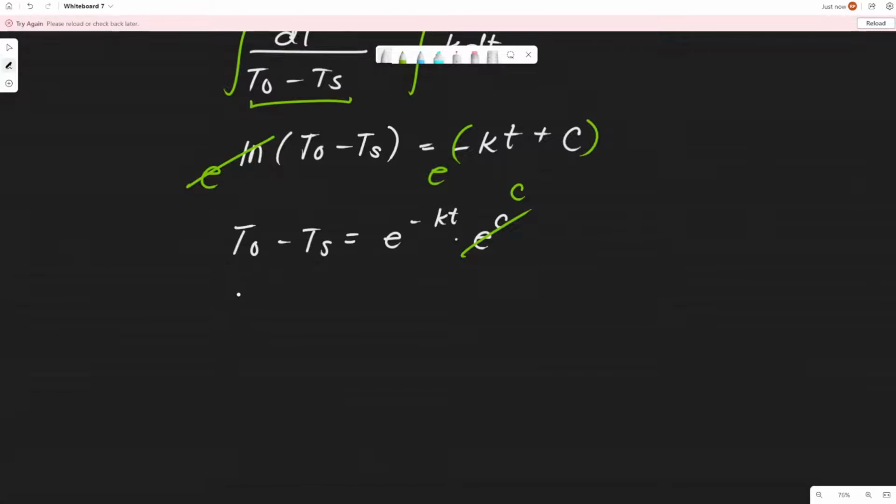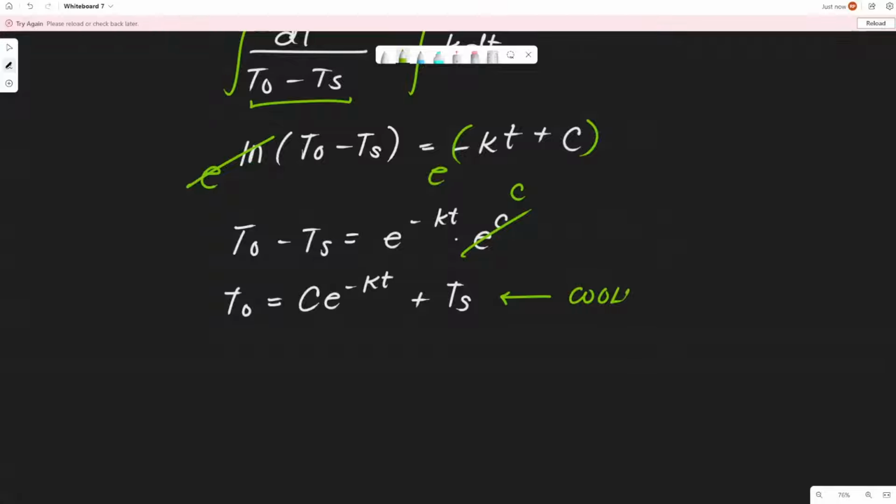So we have T sub O equals, transposing T sub S to the other side, C e raised to negative kt plus T sub S. This is the working formula when the object is being cooled, meaning T sub S is less than T sub O. That is simply cooling, when the problem is asking about cooling.